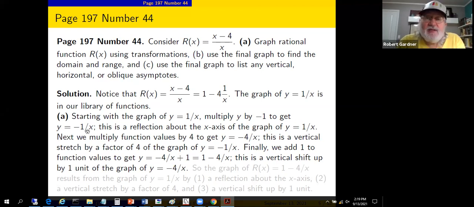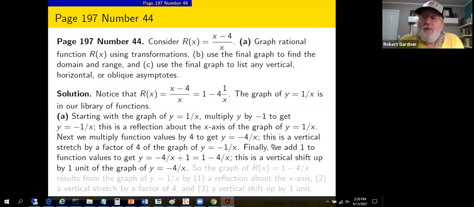We got the negative sign in first. Next, multiply all function values of the previous function by 4, producing y equals 4 times -1 over x, or -4 over x.